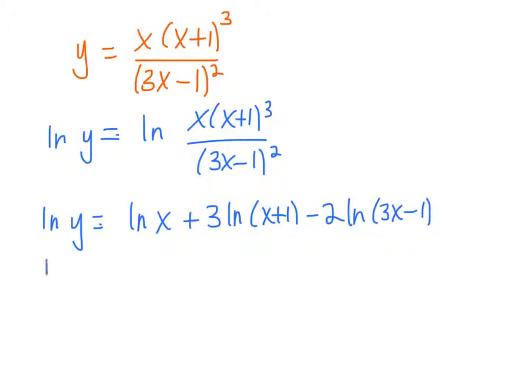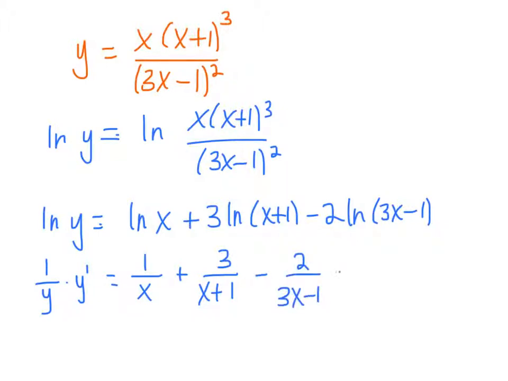Now I can take the derivative, 1 over y times y prime equals 1 over x plus 3 over x plus 1 times the derivative of the inside, which is just 1, minus 2 over 3x minus 1 times the derivative of the inside, which is 3.